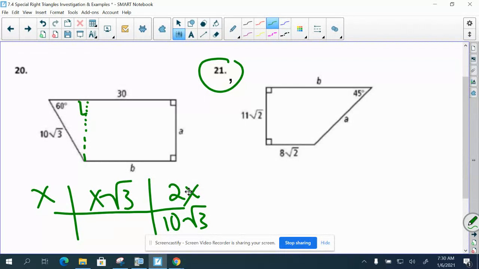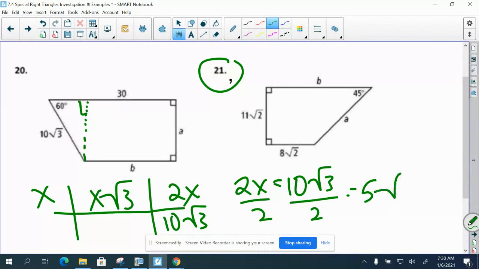So if 2x is equal to 10 square root 3, we could set up a little equation here if you're not sure. All we need to do is divide by 2. Divide by 2, you get 5 square root 3. So x is going to be 5 square root 3, which if I place it in my diagram is going to be this part right here.